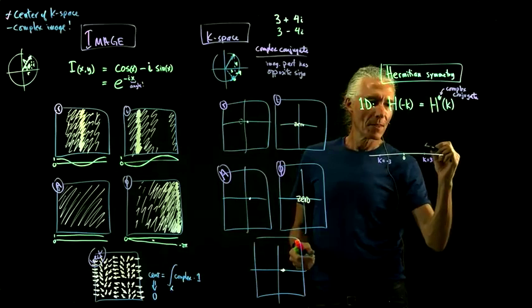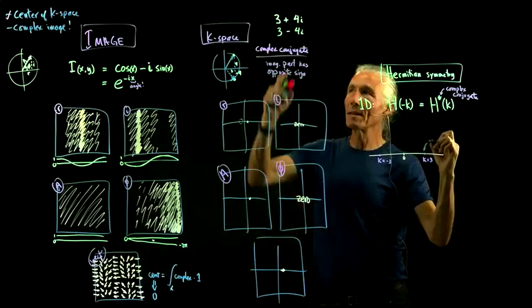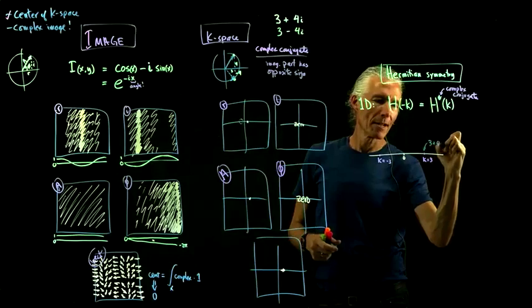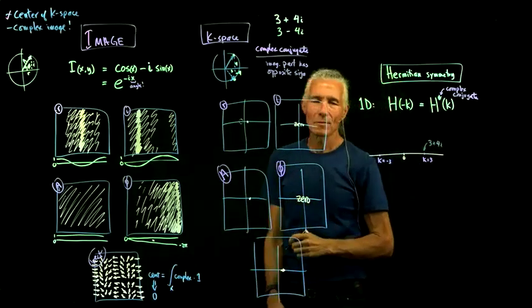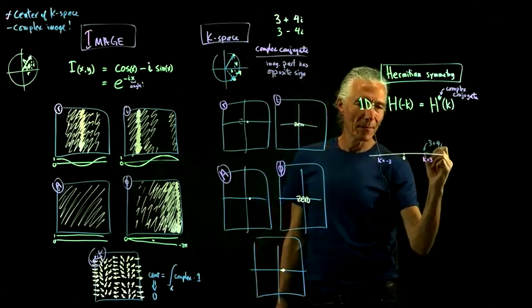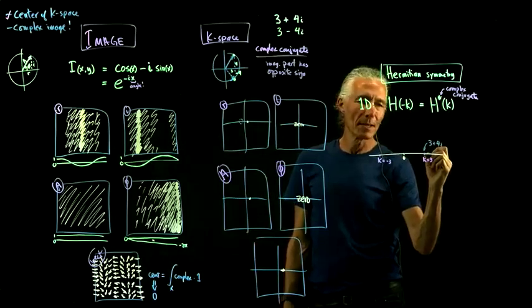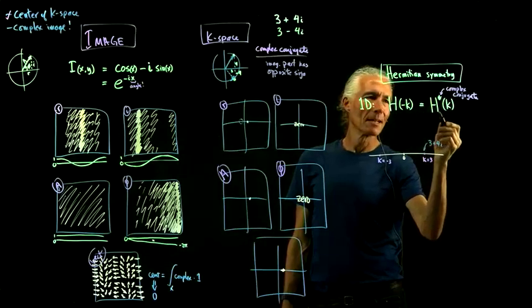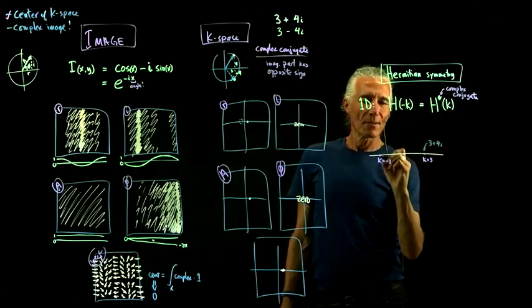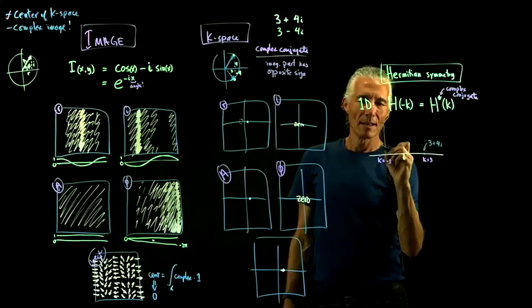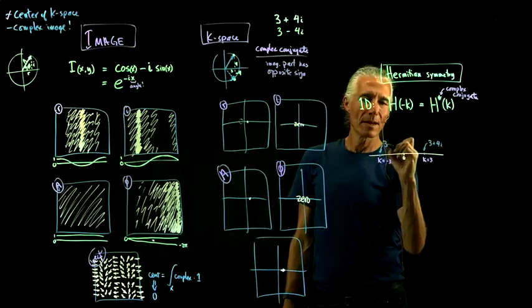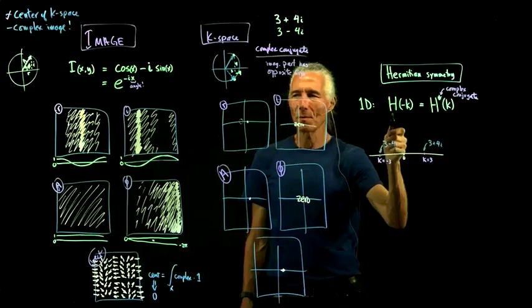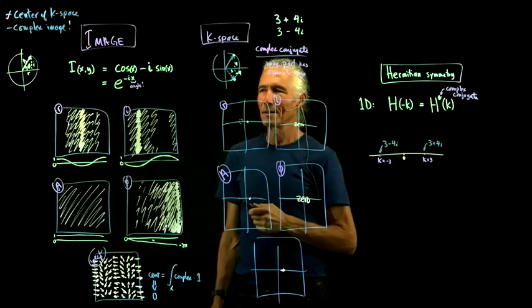If the value at that k-space point happens to be 3 plus 4i, this equation says this point over here has to be 3 minus 4i in order for it to be an example of Hermitian symmetry.